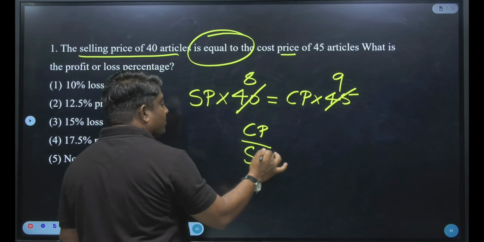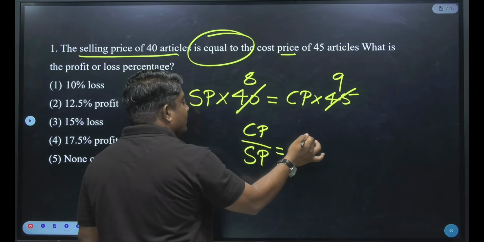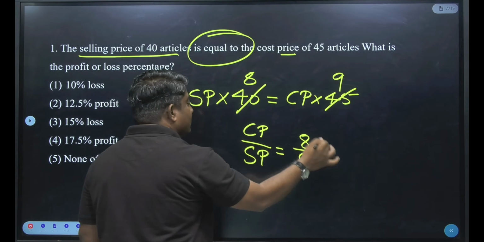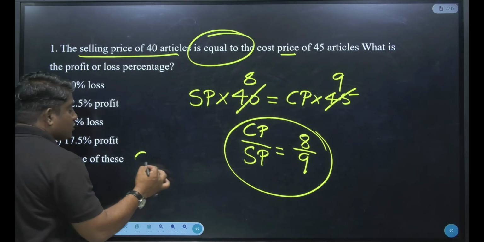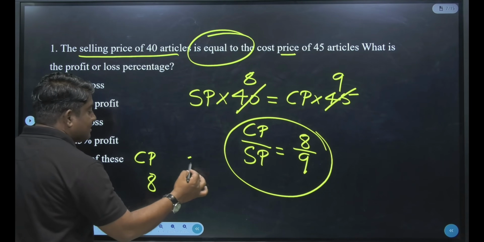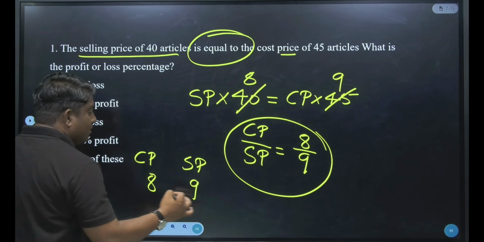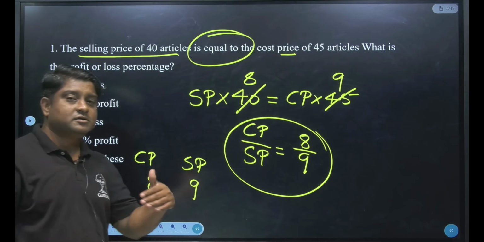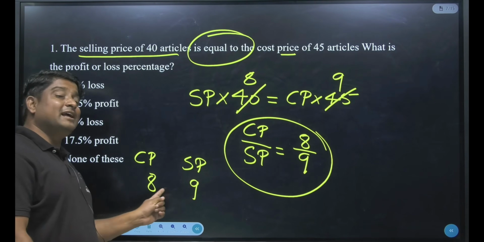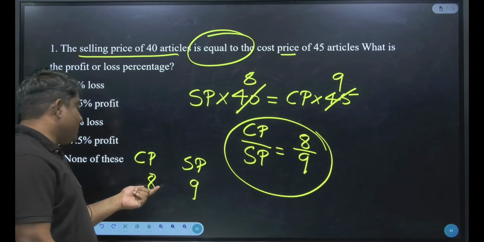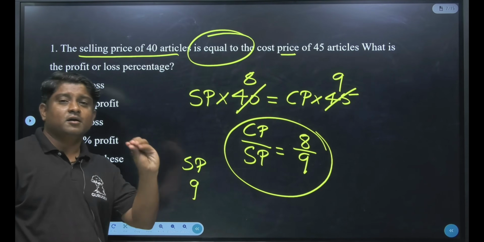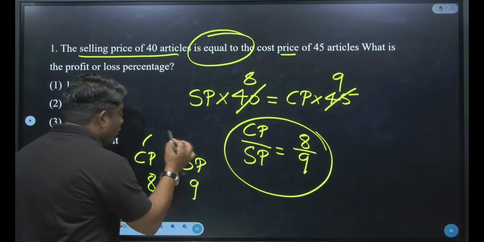If you cross multiply, you'll get 8 by 9, that is nothing but the fraction. You got the fraction now. Cost price is 8 and selling price is 9. Obviously, if the cost price is 8 rupees and the selling price is 9 rupees, the business is into profit. That means how much profit?